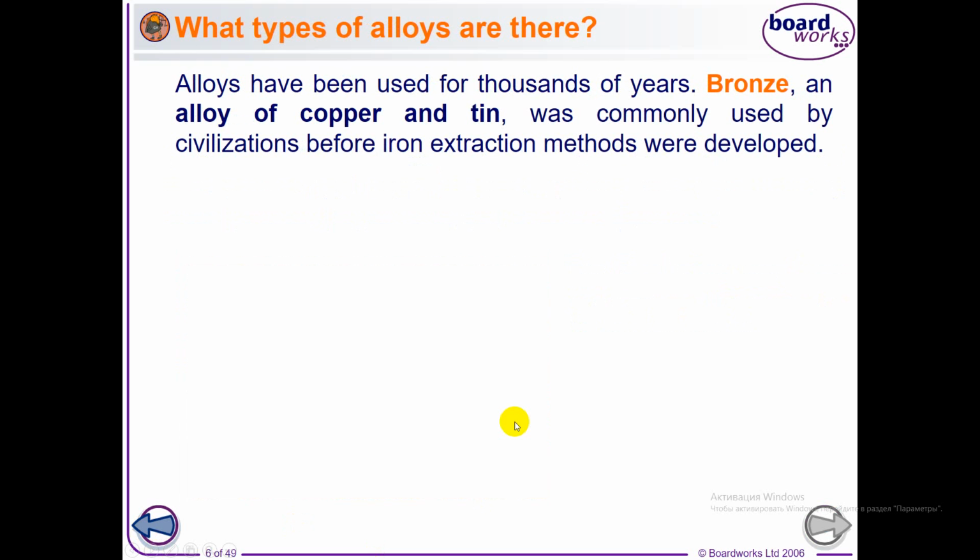And what types of alloys are there? Alloys have been used for thousands of years. Bronze, an alloy of copper and tin, was commonly used by civilizations before iron extraction methods were developed.